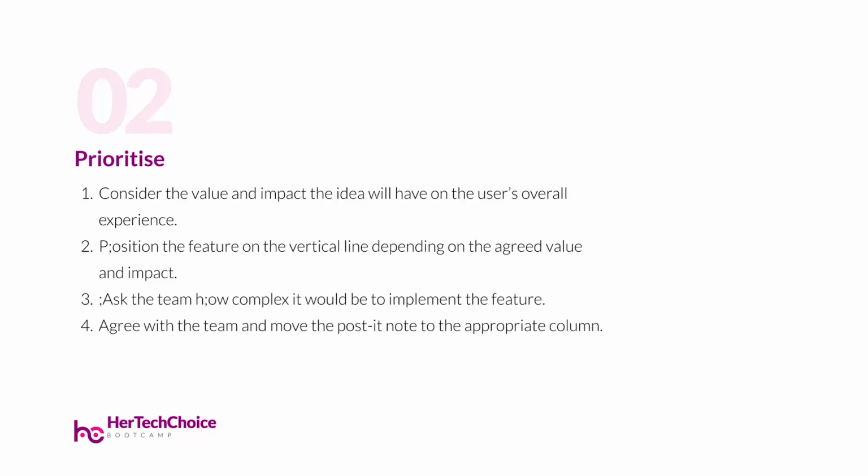Then you ask your team how complex it will be to implement this feature. Your team could also include developers because they are the ones that will be able to implement certain features you design. Then once you agree with the team, you move the post-it notes to the appropriate column.